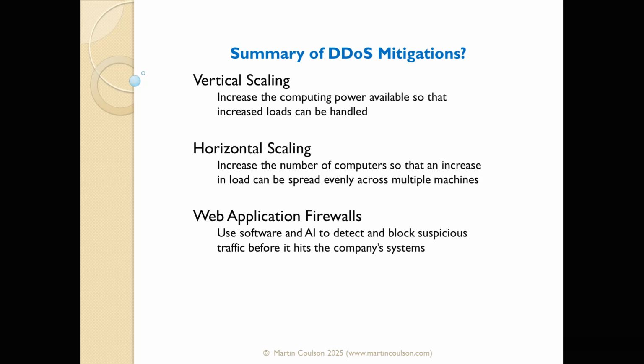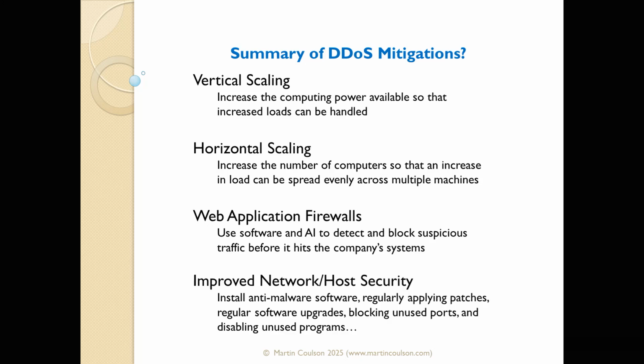Use software and AI to detect and block suspicious traffic before it hits the company's systems. Improved network and host security. This can be achieved by installing anti-malware software, regularly applying patches, regular software upgrades, blocking unused ports, and disabling unused programs.